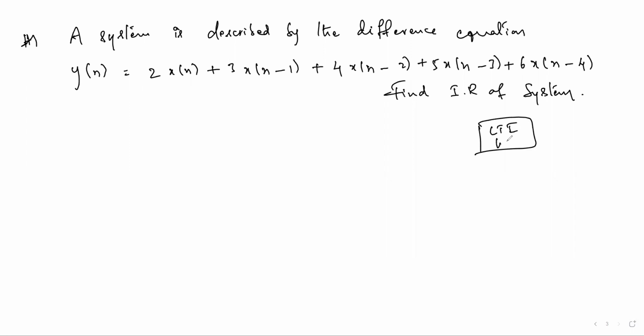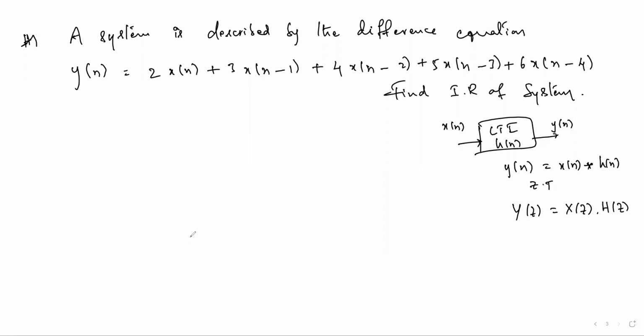For an LTI system with h of n impulse response, x of n input, y of n output, y of n is equal to the input convolution h of n. The Z transform of this expression is Y of z equal to X of z H of z. So we have the y of n and x of n equation.